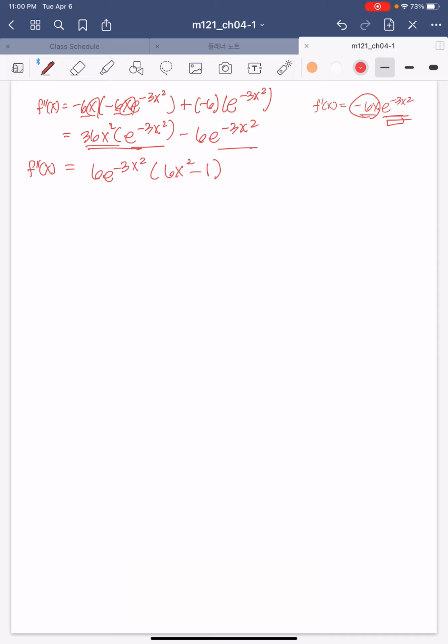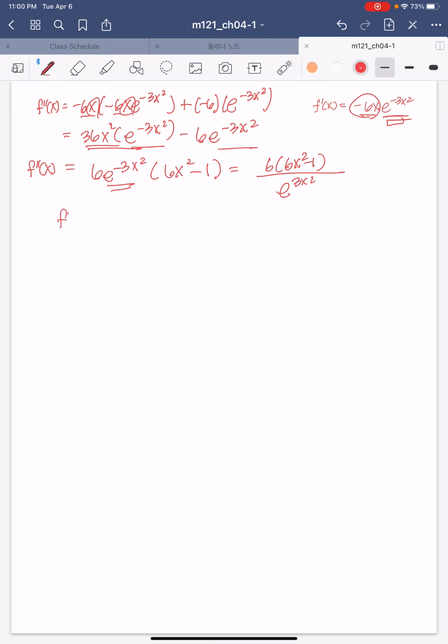Now, let's find the inflection points so we can partition the number line. You can also rewrite this. I have a negative exponent, so I can write 6 times 6x squared minus 1 all over e raised to the 3x squared.